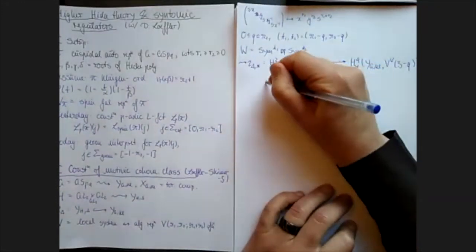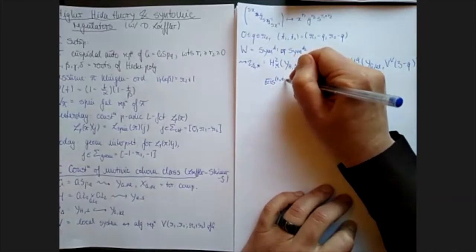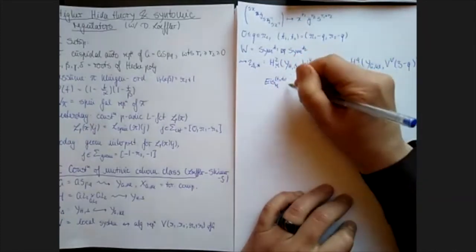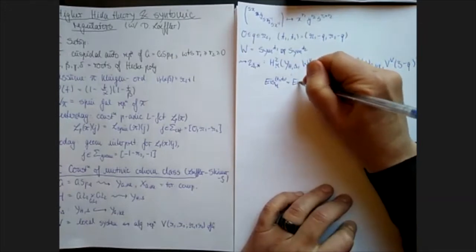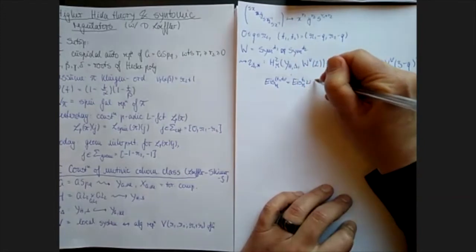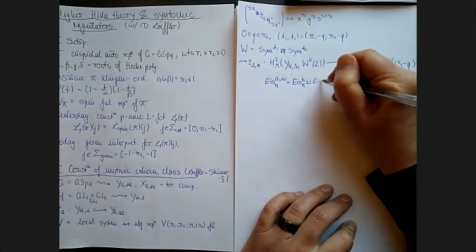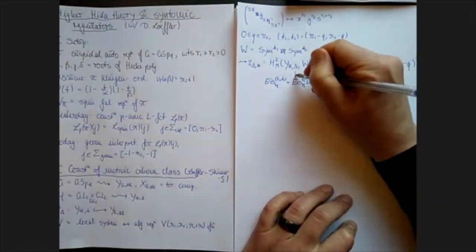So we have in here what I will call Eis^{t1,t2}_motivic. This is just the exterior cup product of two motivic GL2 Eisenstein classes, which are generalizations of Siegel units.